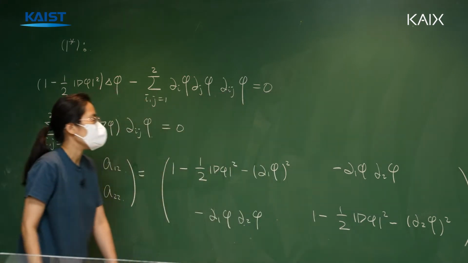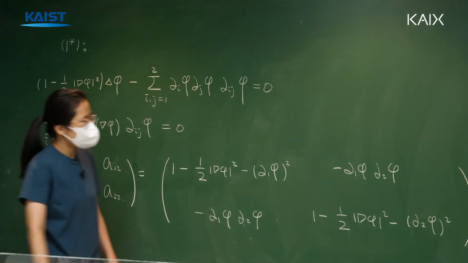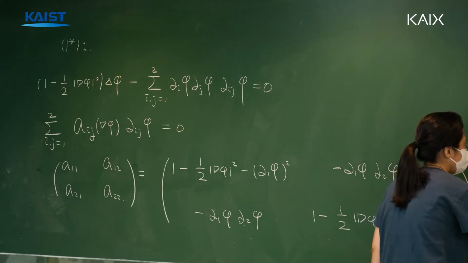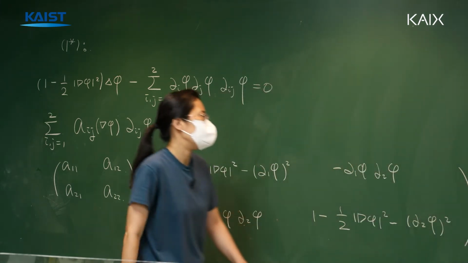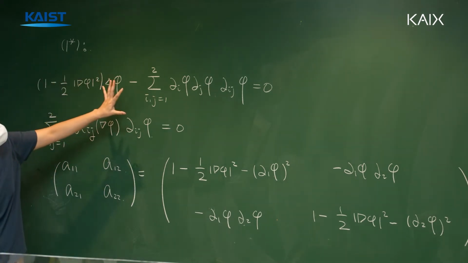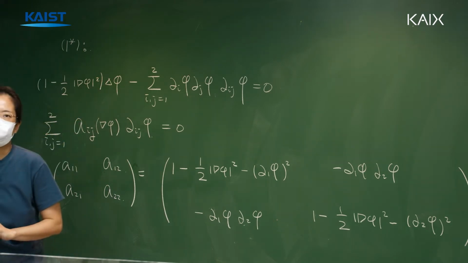So this is the coefficient matrix. Well, this is a really huge expression, so let me just use the coefficient matrix A, okay? All right, so this is the extended form of the potential flow equation.